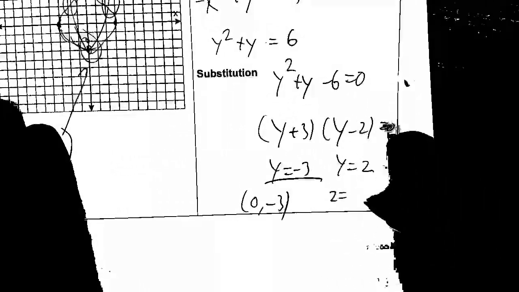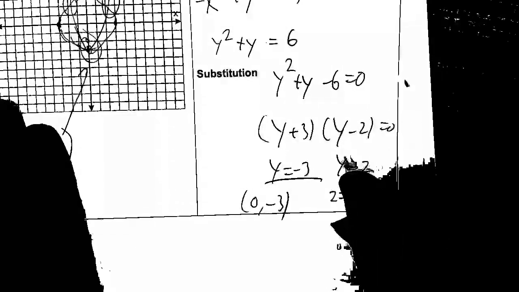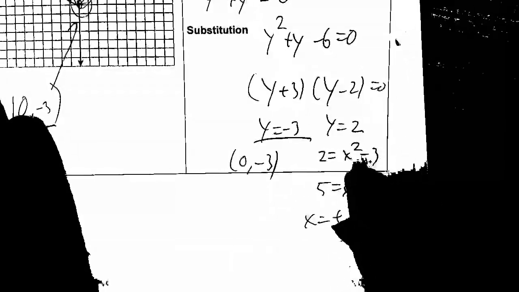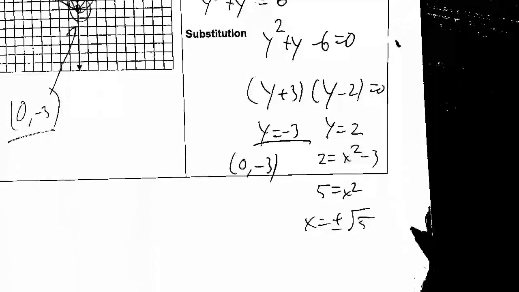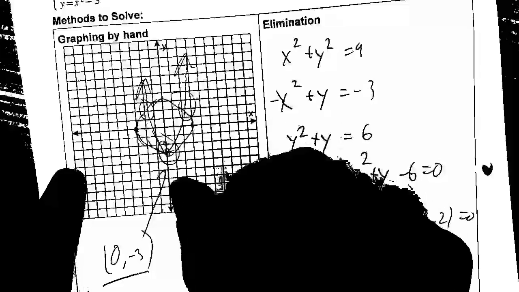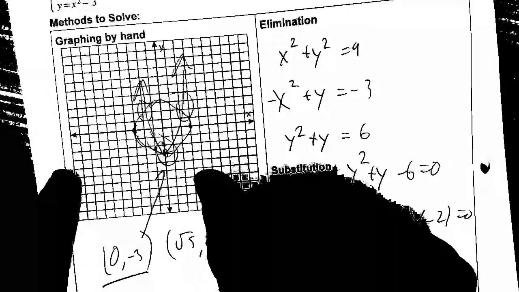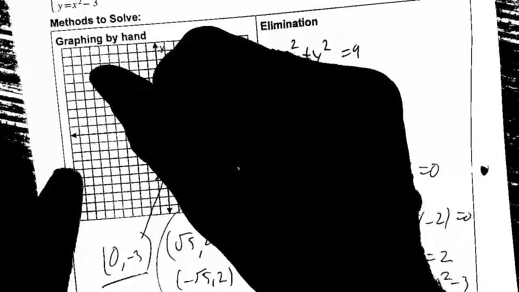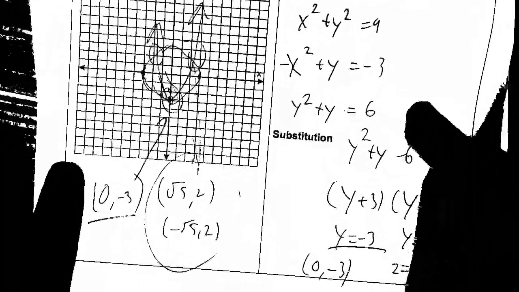Then if we plug this 2 in here, we get 2 equals x squared minus 3, 5 equals x squared, x equals plus or minus root 5. So our other two coordinates are root 5, comma 2, and negative root 5, comma 2, and these 2 points are these two up here.